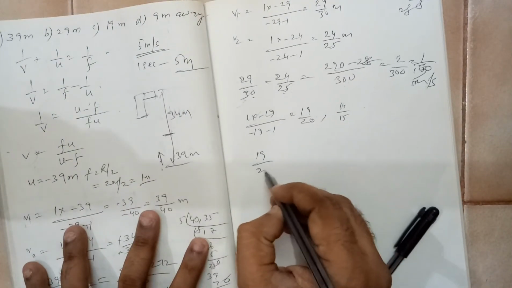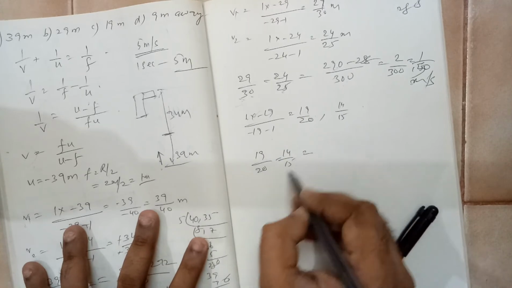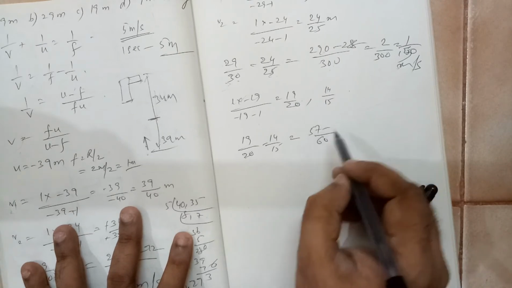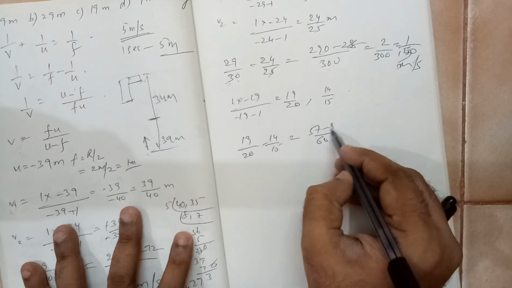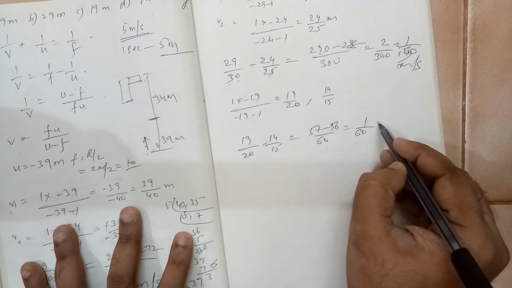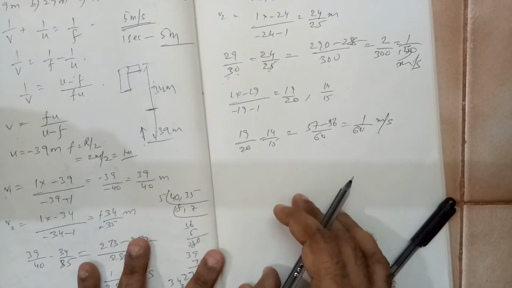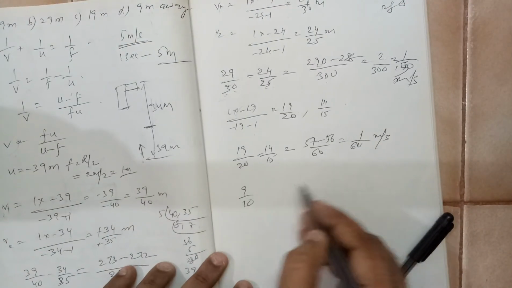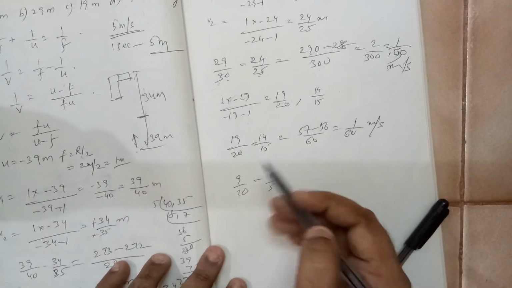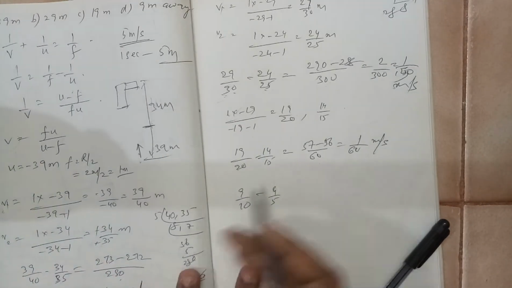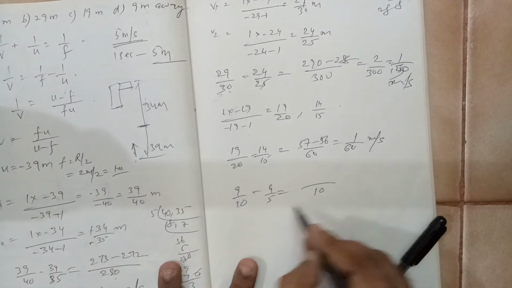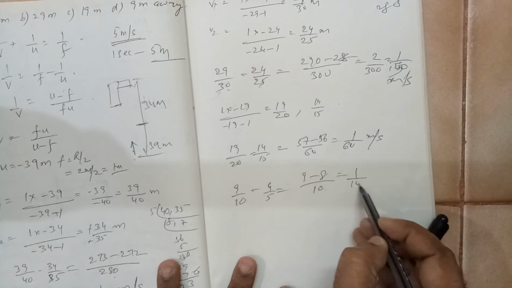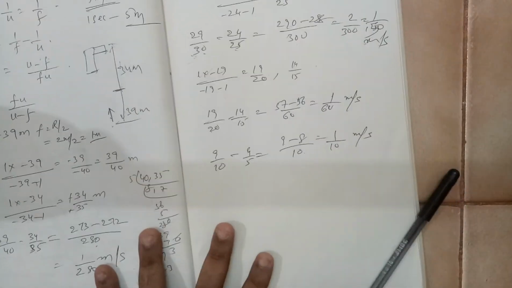So here the image speed will be 19 by 20 minus 14 by 15. 60 is the LCM. 57 minus 56, it is 1 by 60 meter per second. And for the fourth one, it will be 9 by 10 minus 4 by 5. Going by the same logic, it will be 1 by 10 meter per second.